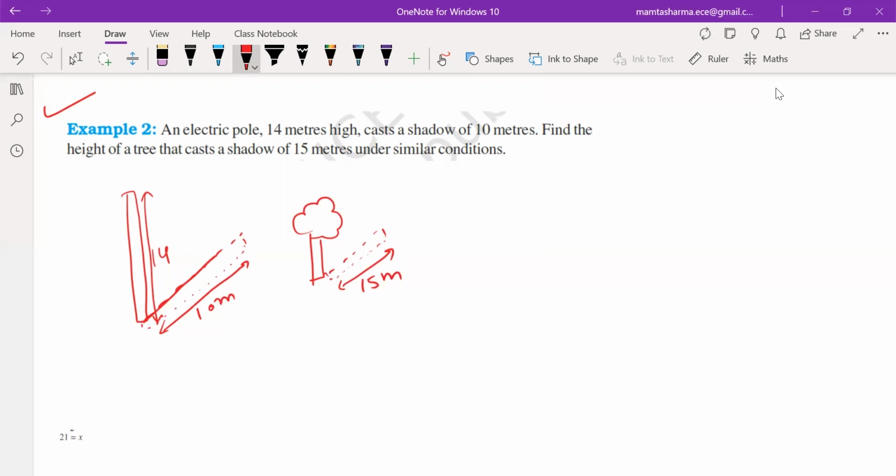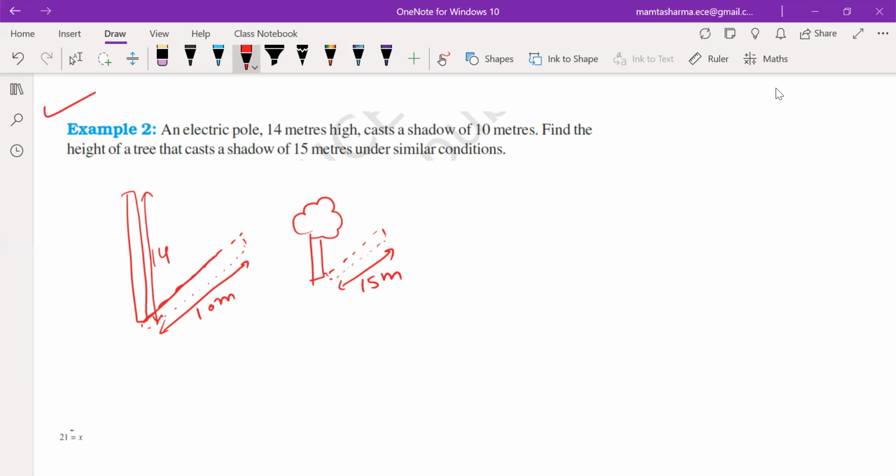You should know which relation, which proportion exists here. Direct proportion or indirect proportion? Direct proportion. Why? Ma'am, the shadow increases when the height increases. Yes, the taller the person or the taller the thing, its shadow will be taller.